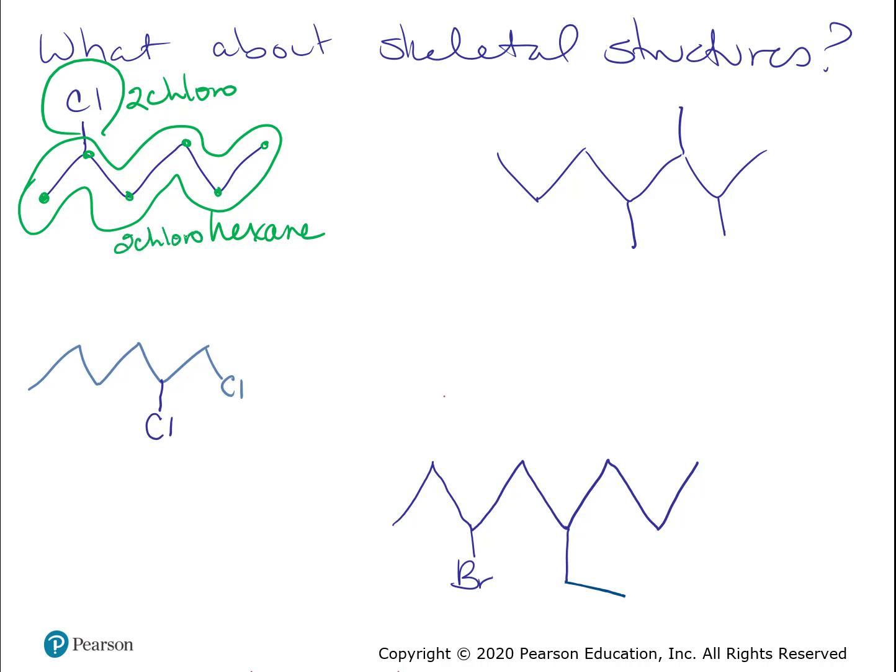2-chlorohexane. Okay, now what about the one below? There are 6 carbons. So 1, 2, 3, 4, 5, 6. Why is that last one not a carbon?